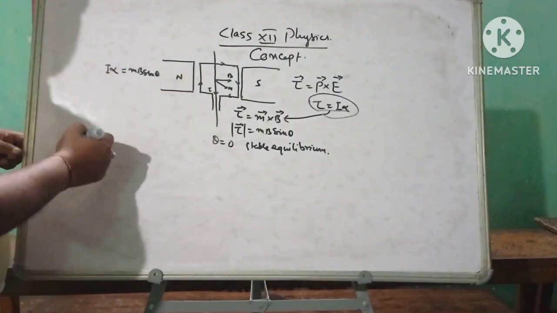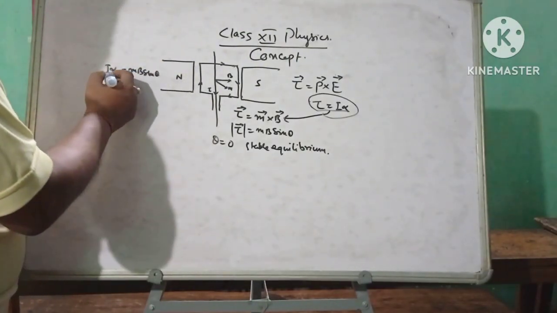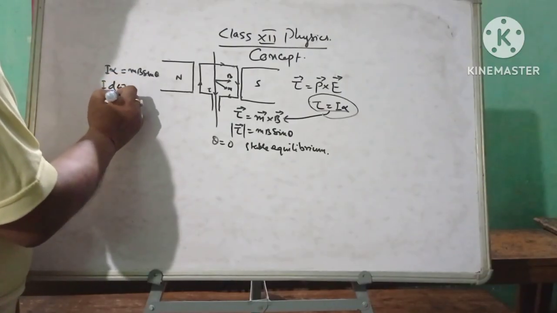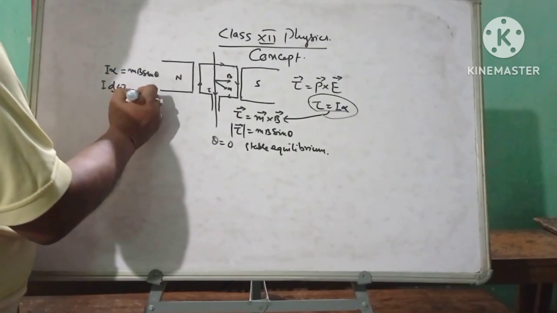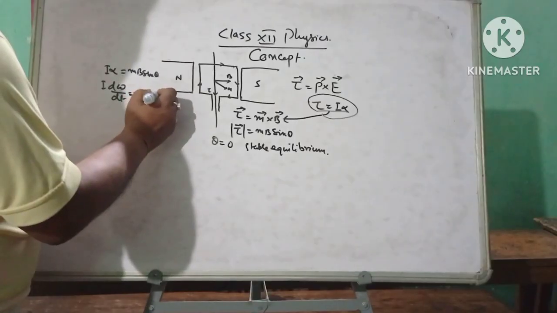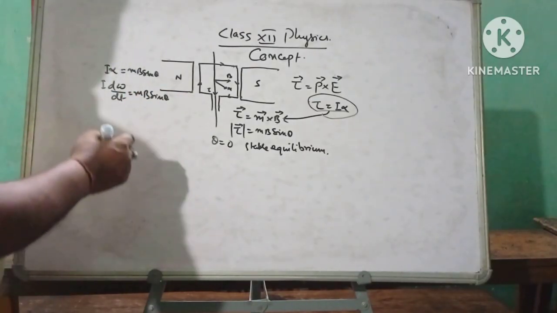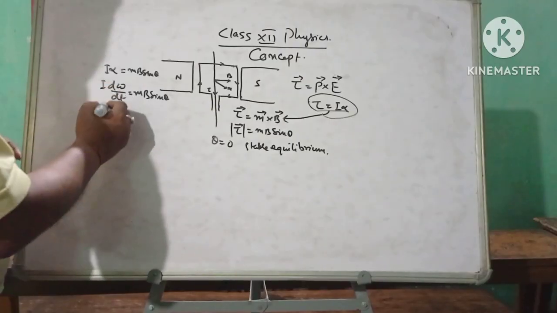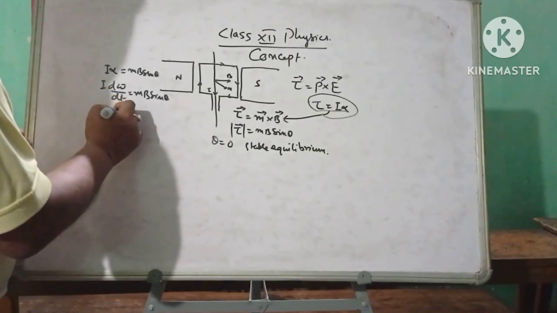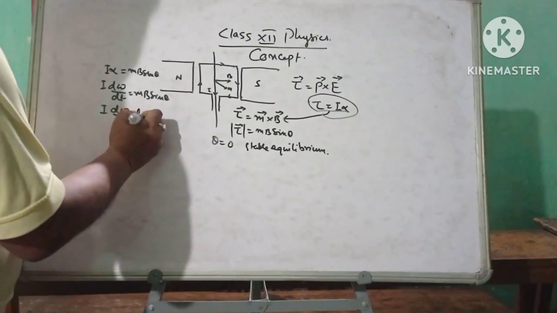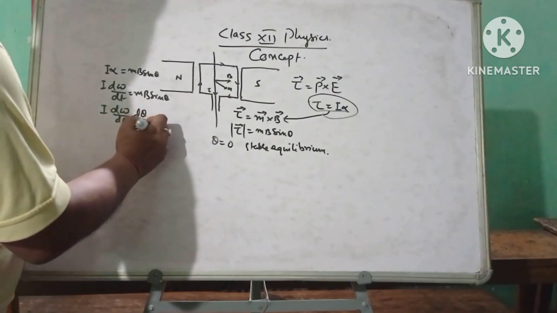So here again you see that angular acceleration, that means d omega by dt, is equal to mB sine theta. Now from here we can write this in the form of chain rule, d theta by dt.